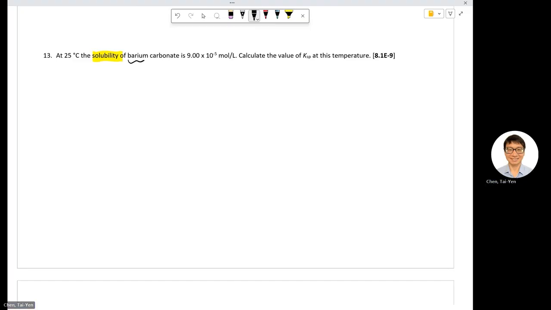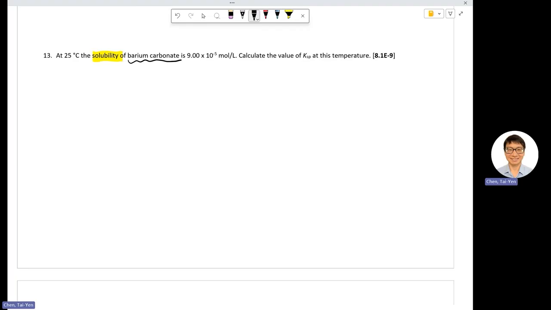So the barium carbonate, okay, it's something you probably need to have some sense of. Barium is Ba, carbonate is CO3 2-.